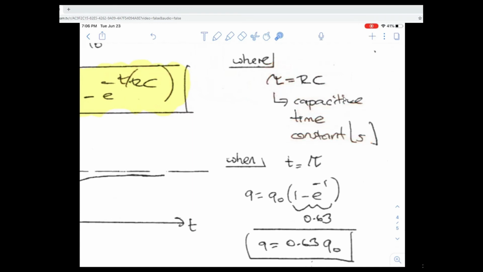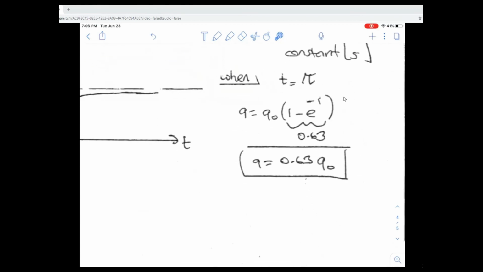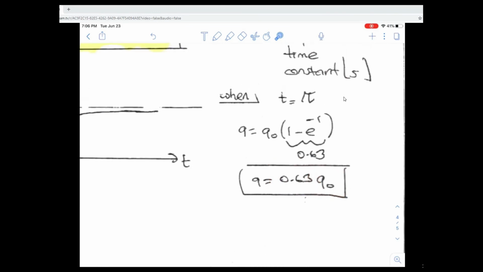So what does it represent? What it represents is something that you find out from books. It represents the amount of time it takes for the capacitor to charge up to 63% of its maximum value. Technically this is what it represents, but conceptually, what does it mean?